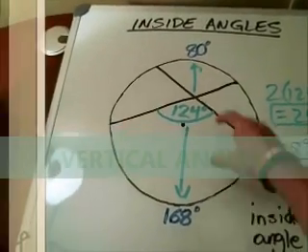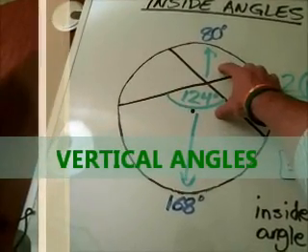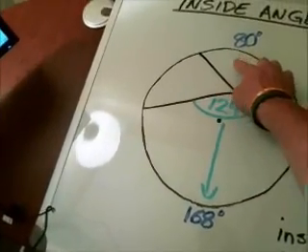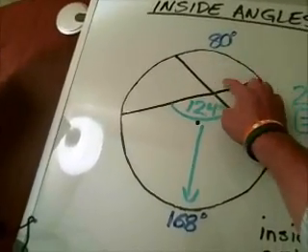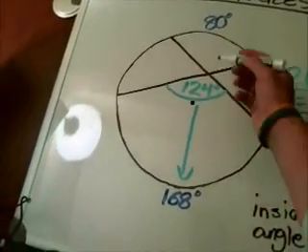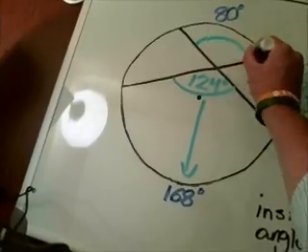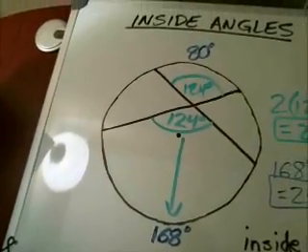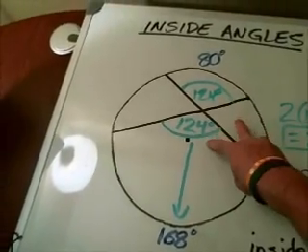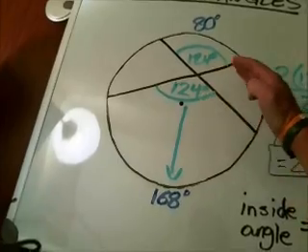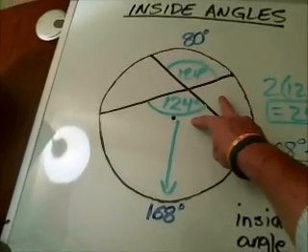Now vertical angles are two angles that are on opposite sides of the vertex. Why is this important to us? Easy. Vertical angles are the same. So if this angle is 124 degrees, then so is this angle here. Now, these two angles that are adjacent to one another because they are side by side have to add to give us 180 degrees.